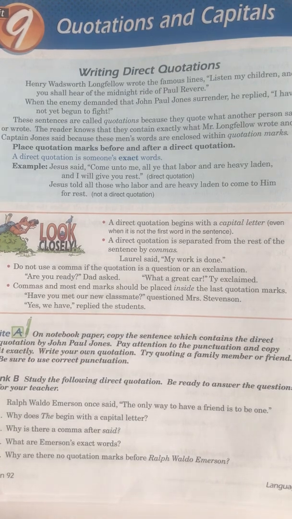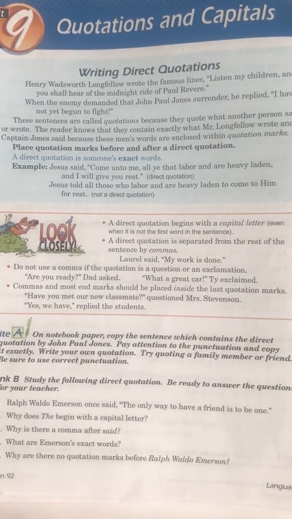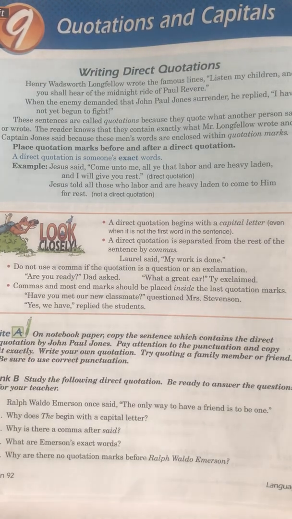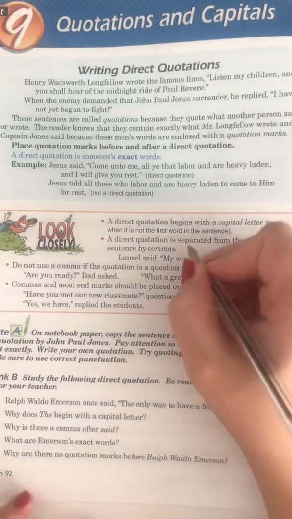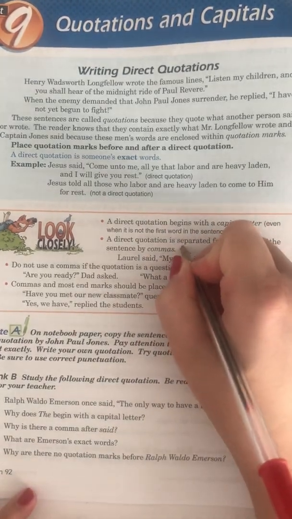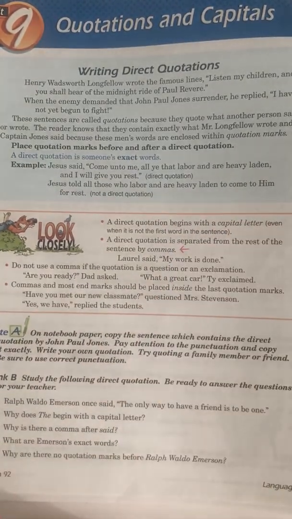So notice that. If you are quoting someone, you're going to capitalize that quote after your quotation mark. A direct quotation is separated from the rest of the sentence by commas. So when you're about to quote someone, you're going to add a comma first.